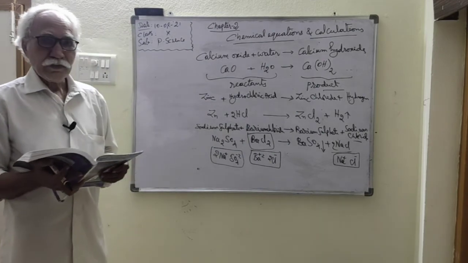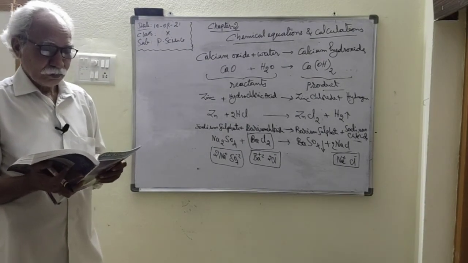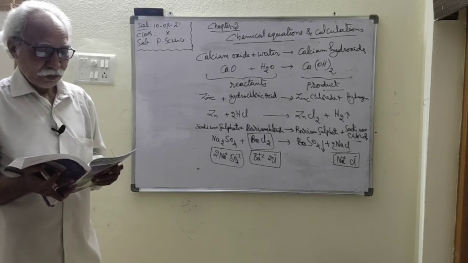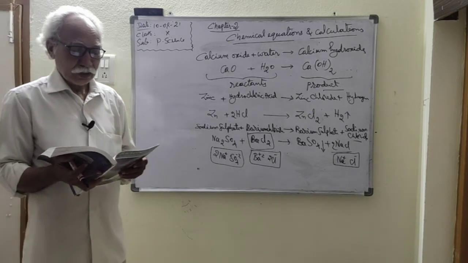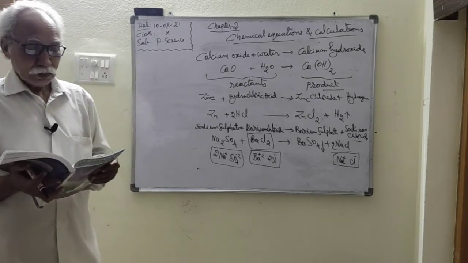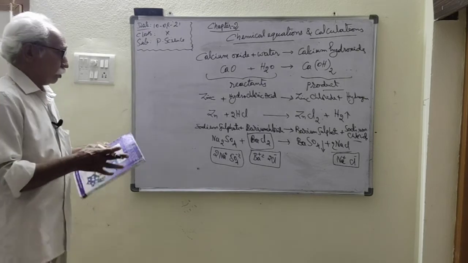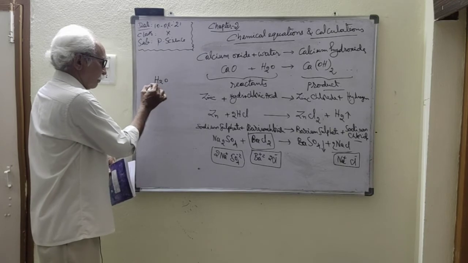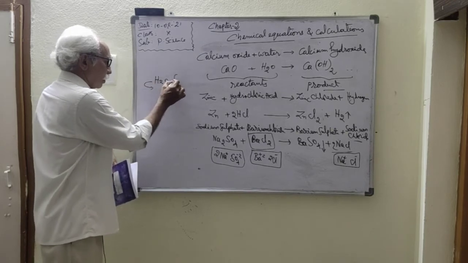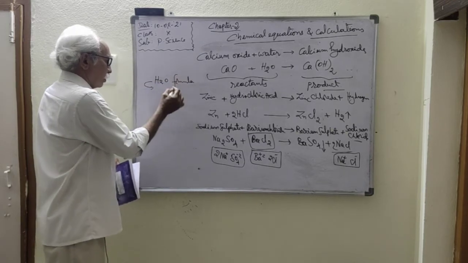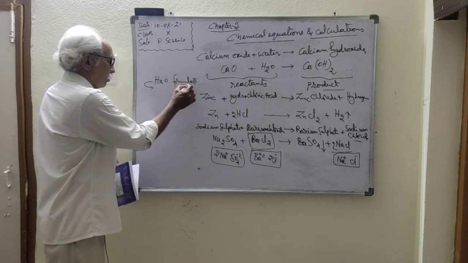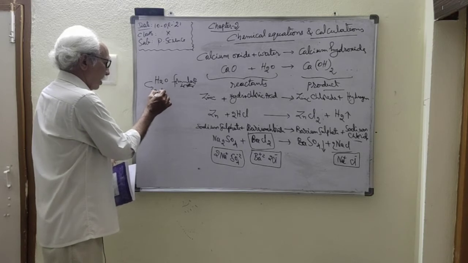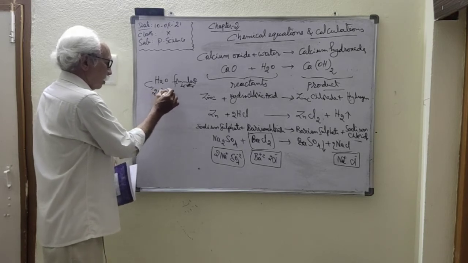So one formula unit of magnesium bromide is one magnesium ion and two bromide ions. One formula unit of water is two hydrogen ions and one oxide ion. So let us see: H2O is the formula of water. In this formula, the formula unit is two hydrogen ions and one oxide ion.